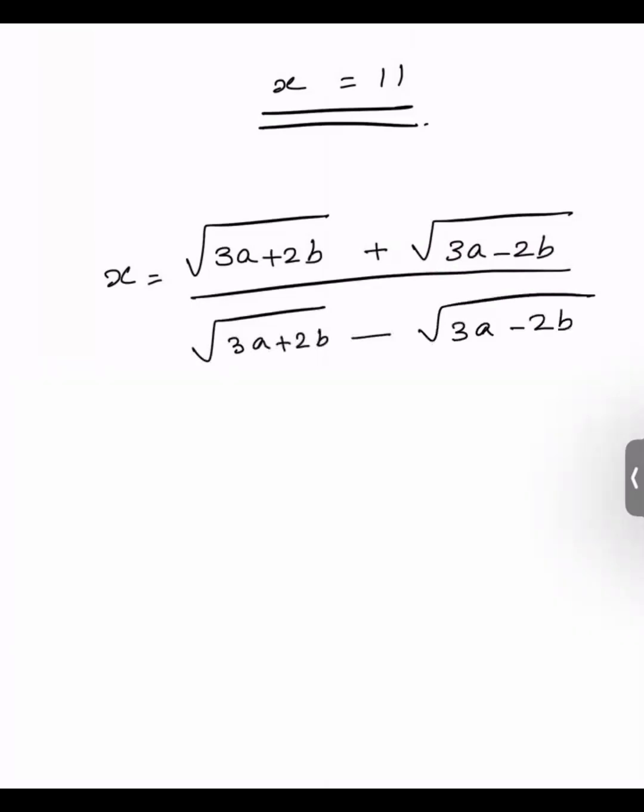Okay, so the x value is given to you. What is it that you have to prove? Prove that bx square minus 3ax plus b equal to 0. So you have to prove bx square minus 3ax plus b equal to 0.